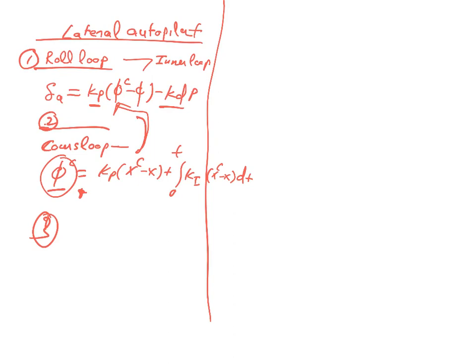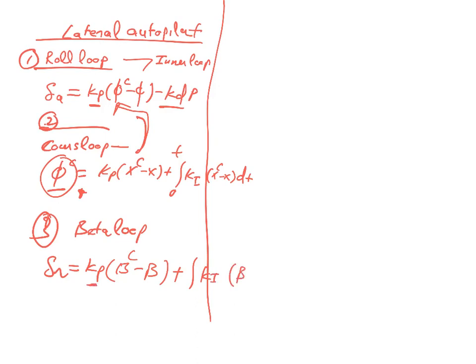And third is the third PID. So you will have three PIDs in total, with the beta loop, or sideslip loop. Basically, the idea is to get a rudder input using Kp. I don't remember whether it was a PI or PD, but let's say it is a PI: Kp (beta commanded minus beta) plus Ki, integral of (beta commanded minus beta) dt.